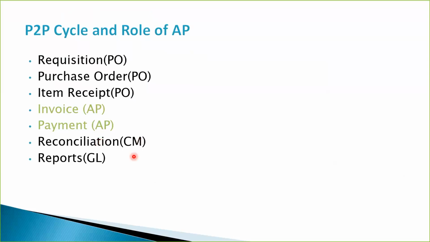And then, as we know, because we have already covered, general ledger receives accounting information from all these external sub-ledger modules, and we generate reports from all the information that we have in general ledger. So in the grand scheme of things, that's basically where AP falls, and that is the role of the Accounts Payables module.